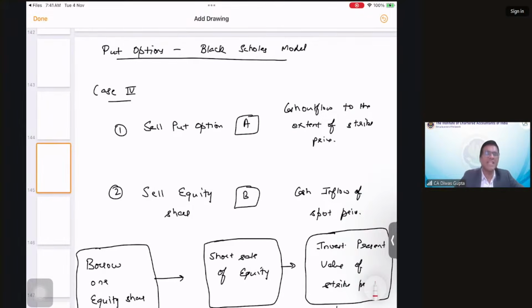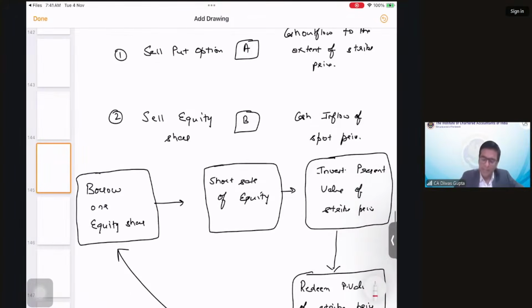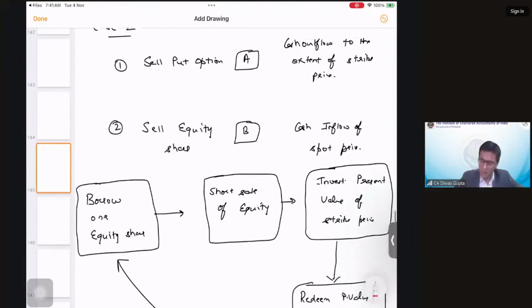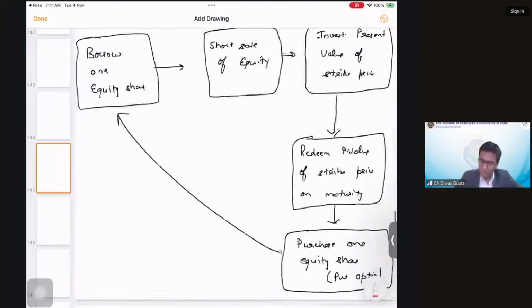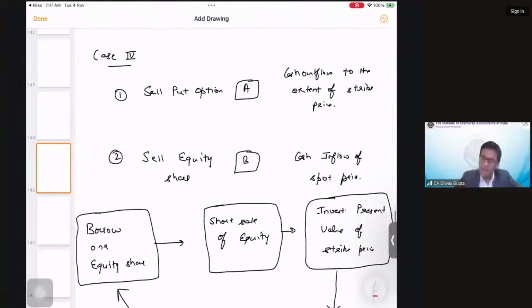In case we are selling the right to sell, if the other person is actually executing the right to sell, then that person will be selling the shares to us. Now, as we have discussed, there will be a cash outflow to the extent of the strike price, right? And the today's cash inflow of the spot price will be invested.